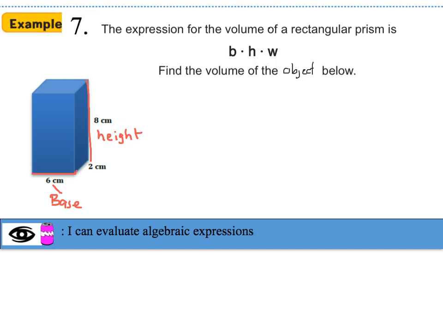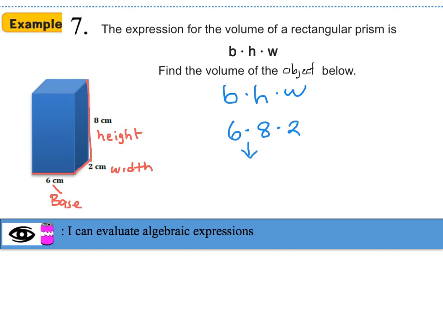And the W stands for the width of the object. So there are three different dimensions. So if I use my algebraic expression, base times height times width, I can just go ahead and substitute the numbers that they give me into this algebraic expression. I know that the base is worth 6 times the height, which is worth 8, times the width, which is worth 2.